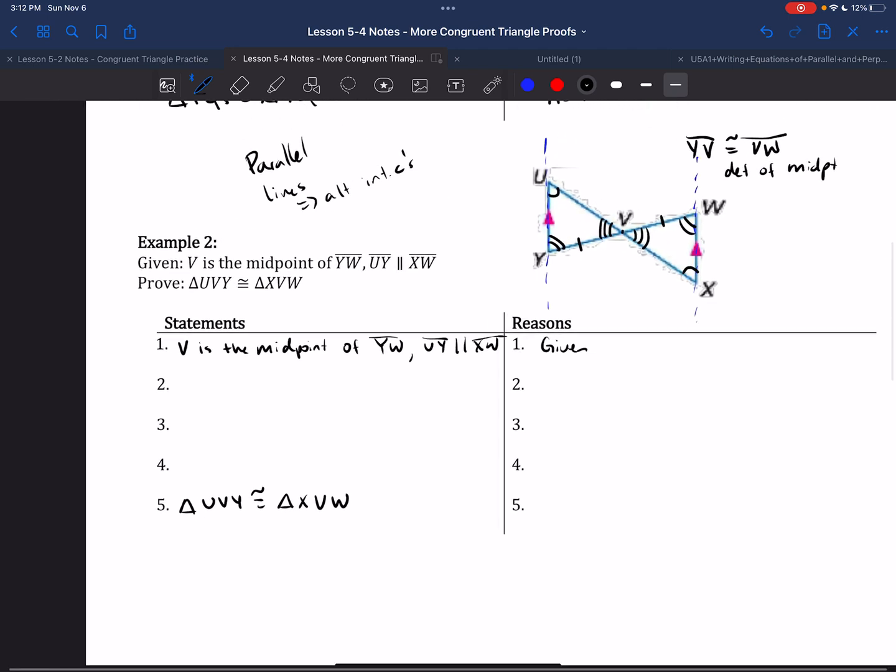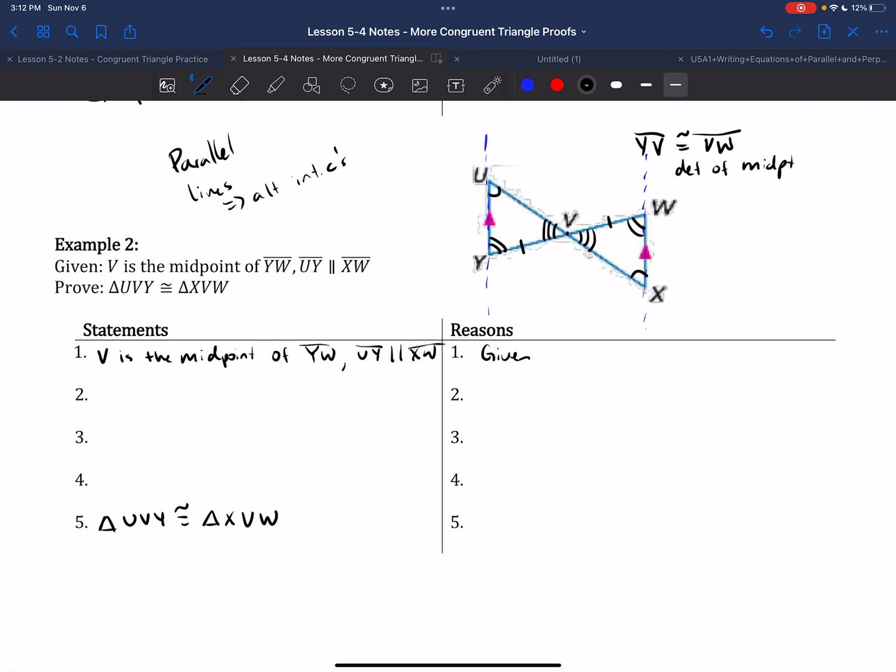Okay, so let's go ahead and see. We know that because V is the midpoint of YW, that means that we have one part there and one part there. They are congruent, so we can write YV is congruent to VW, and that's because of definition of midpoint.